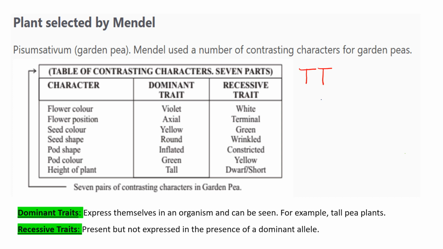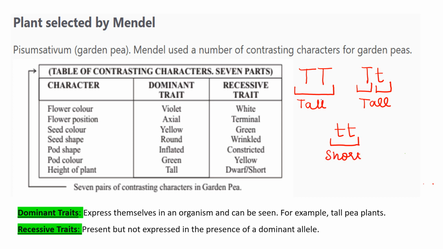Two capital T, where capital T stands for tall, so the plant is tall. Next combination is capital T, small t. Here capital T is available, so it is tall. The next possibility is both small t, which is short and recessive.